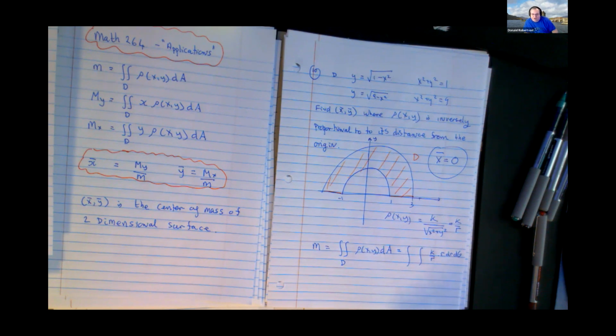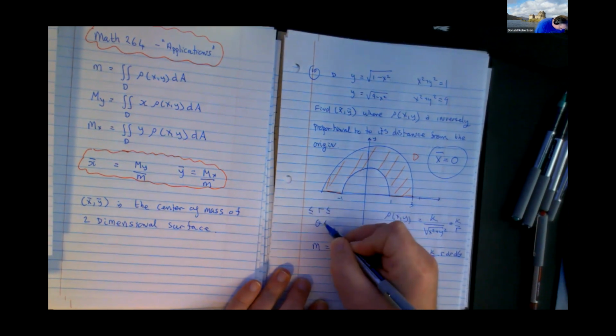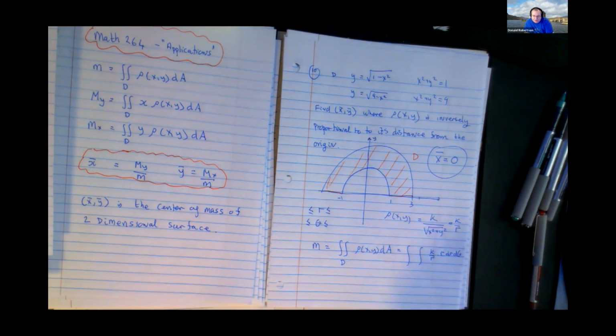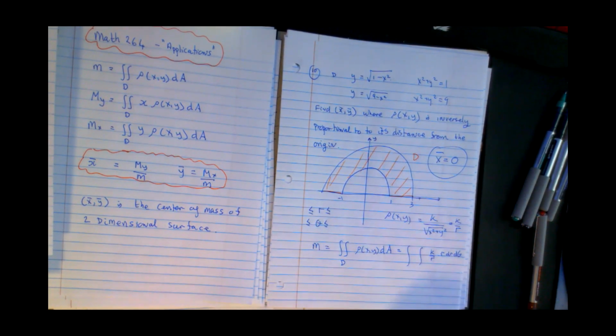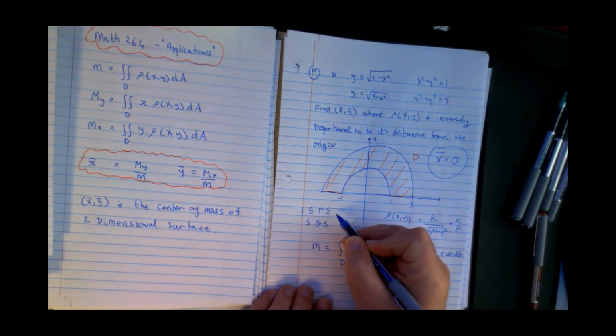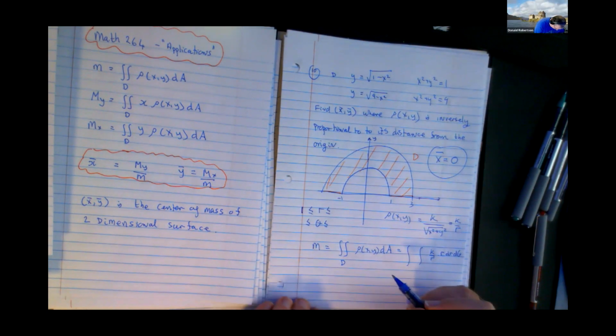Now, how do you describe D? Because we have to do it in terms of polar. What would be the r range for this shape? r from what number to what? Let's see, we're talking the one shot. I was going to say 1 to 3. Correct.